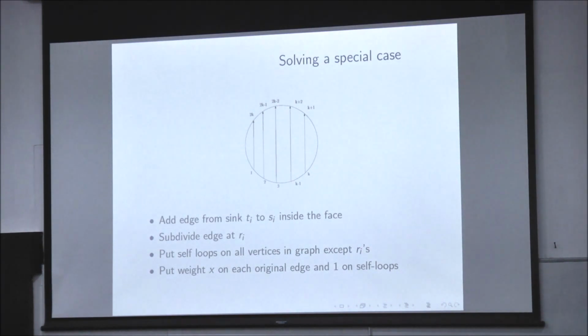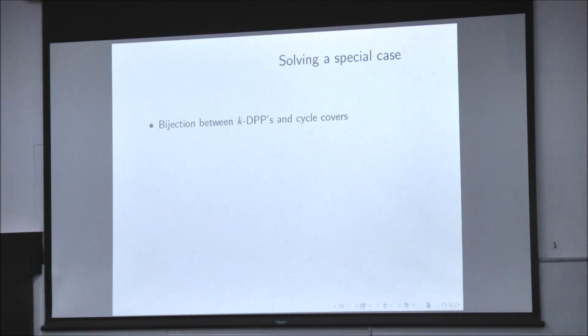So with this, we have a bijection between the k disjoint paths and cycle covers. So essentially, we can see that if there are no k disjoint paths, then the determinant is 0. There are simply no cycle covers.